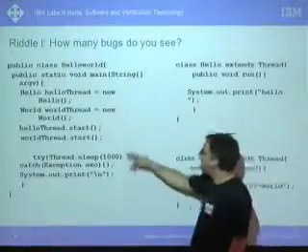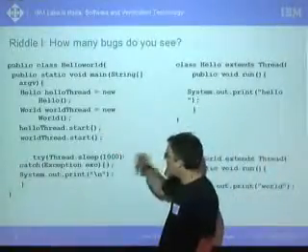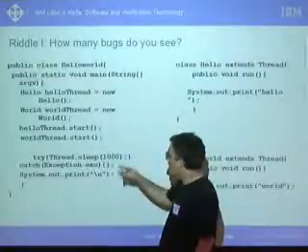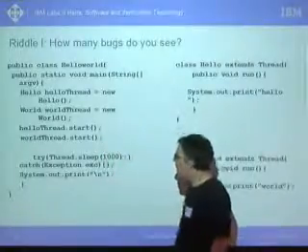And what happens in the main thread is you start the hello thread, and then the world thread, and then you go to sleep, and print a new line. So if you take this program and execute it, you'll always get hello world. This is if this is the only thing running in the system at the time. But what are the possibilities? What can be the output of this program?